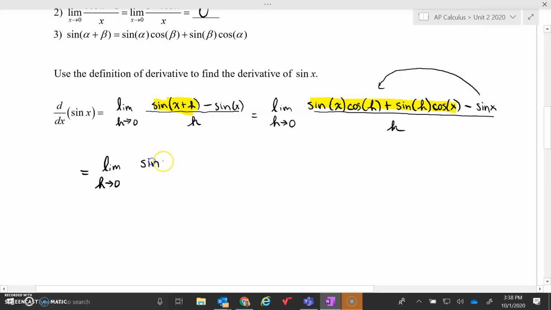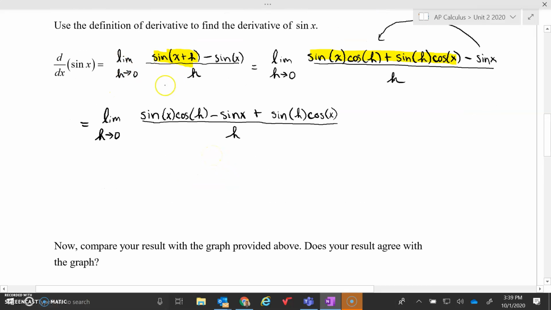So let's go ahead and just write that. Sine x cosine h minus sine x plus sine h cosine x. Okay, so now that that is taken care of, what I'm going to do is factor the sine x out of the first two terms.